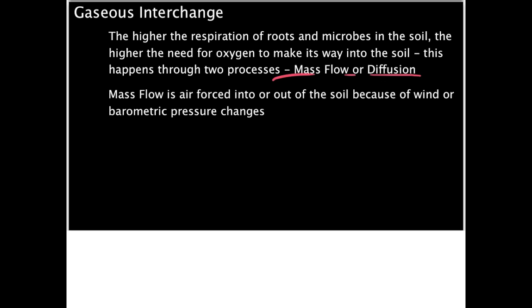Mass flow is when soil air as a whole is forced out or in because of pressure changes in the atmosphere, because of higher winds. This is basically a mass exodus of air out of the soil or into the soil because of those forces.